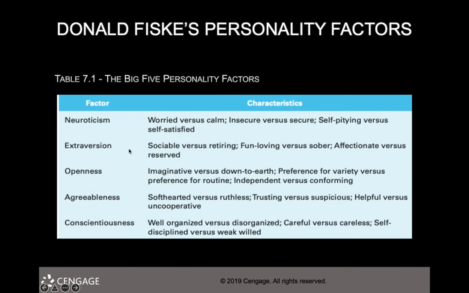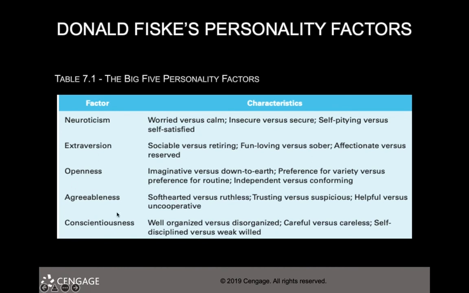Extroversion is sociable versus retiring, fun-loving versus sober, affectionate versus reserved. Openness is imaginative versus down-to-earth, preference for variety versus preference for routine, independent versus conformity. Agreeableness includes soft-hearted versus ruthlessness, trusting versus suspicious, helpful versus uncooperative.